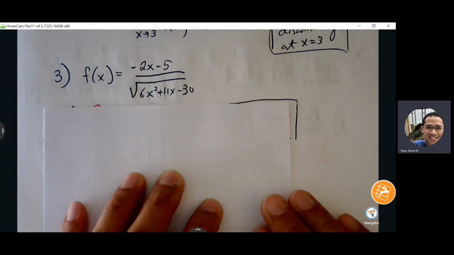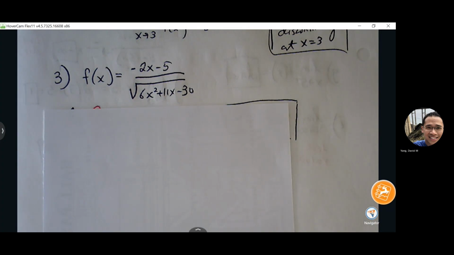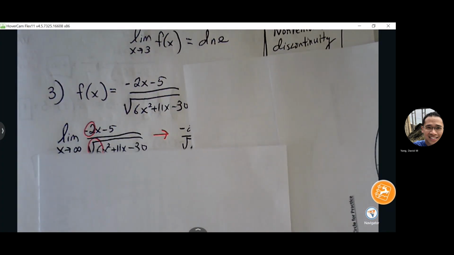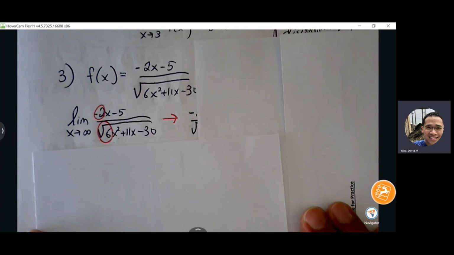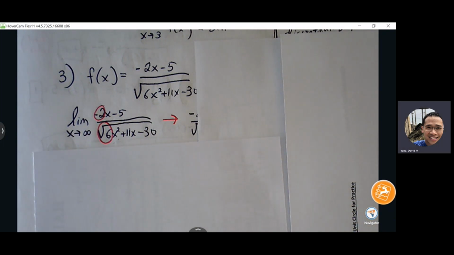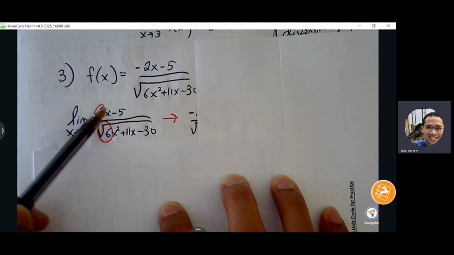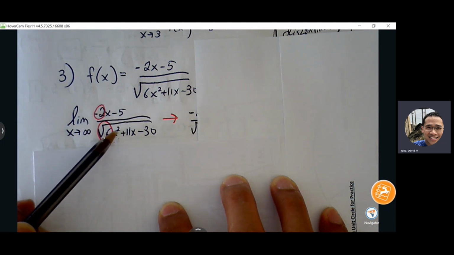So we'll do limit as x approaches positive infinity first. Are the degrees matching? Yes, okay, it doesn't look like it initially, because the numerator is x to the first power, the denominator looks like it's x squared.